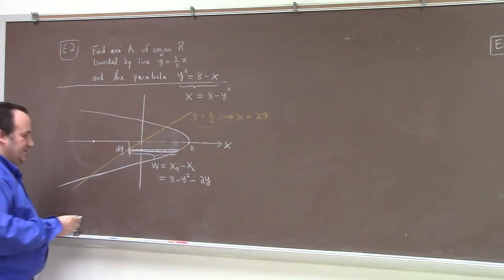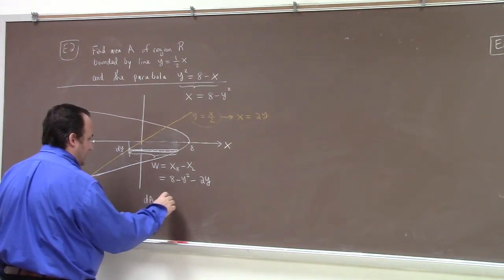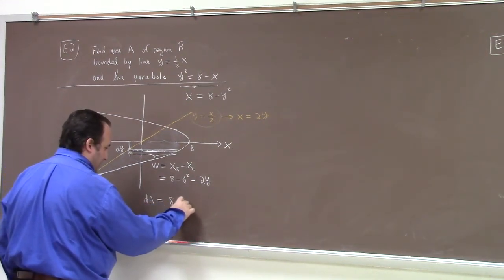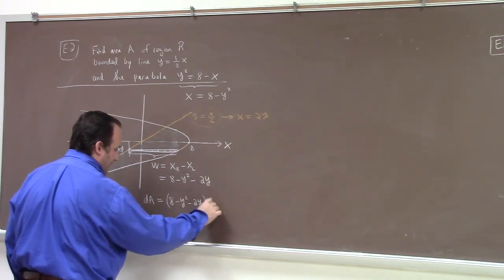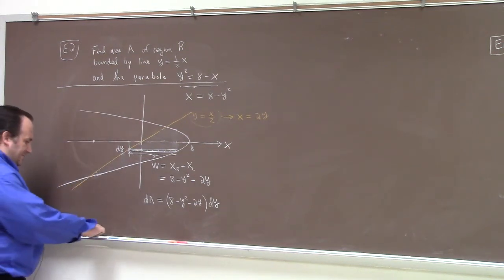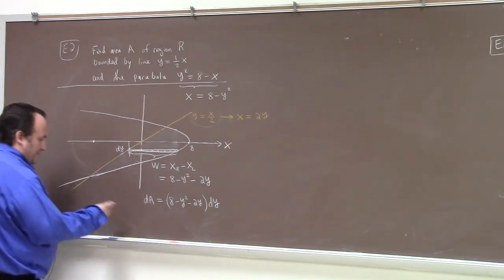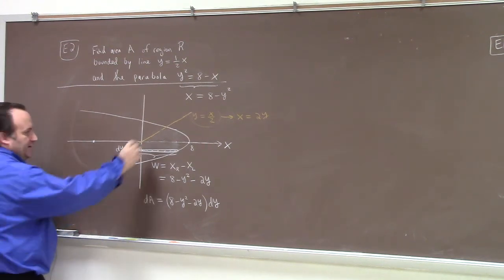That's the width. So what's the dA? It is 8 minus y squared minus 2y times dy. Right, and we're doing that from this point here all the way up to this point here.